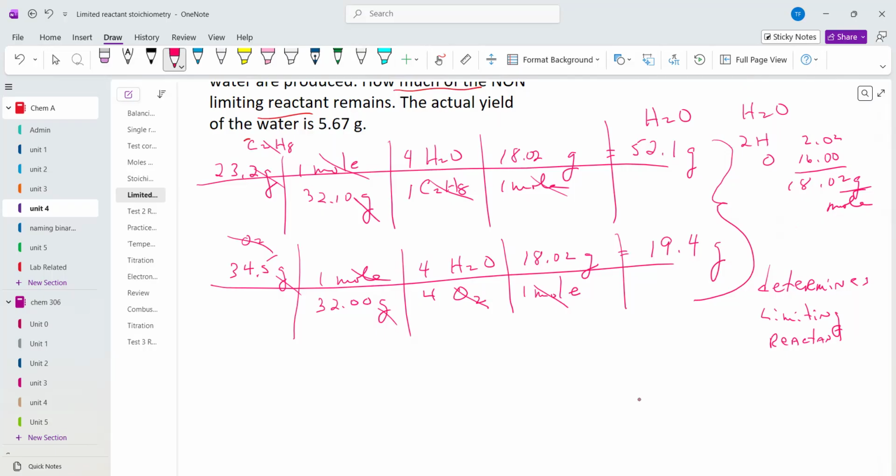Okay, so we're going to start with the limiting reactant, which is the oxygen. And the product now is going to be how much ethane is produced. So we're going to start with 34.5.